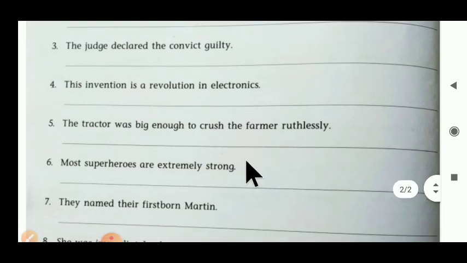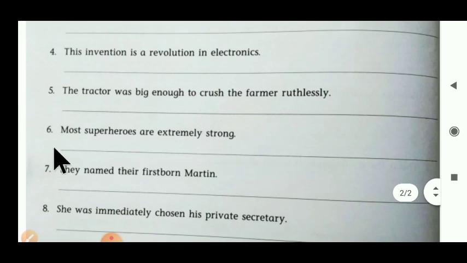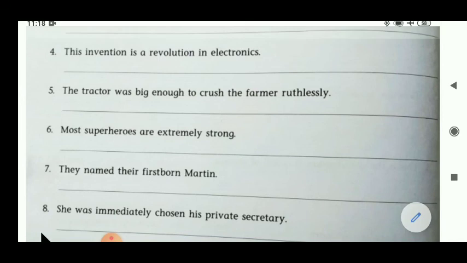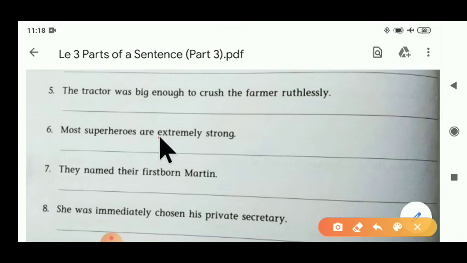Now we have to see the sixth sentence. Most superheroes are extremely strong. Here most superheroes is the subject, and extremely strong is a complement here.